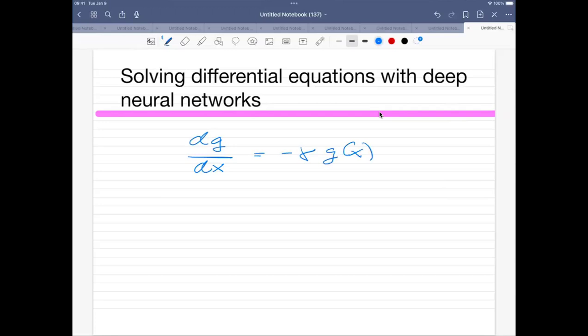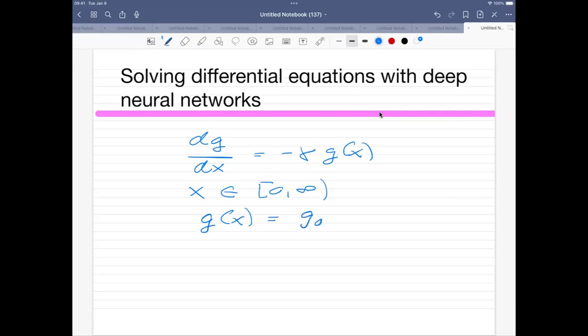And this is a famous differential equation whose solution we know. So x would typically be now defined from 0 to infinity, could be, or we could put a finite limit to it. And the solution to this differential equation is given by g of x equal to some constant, which we are going to label as g0.